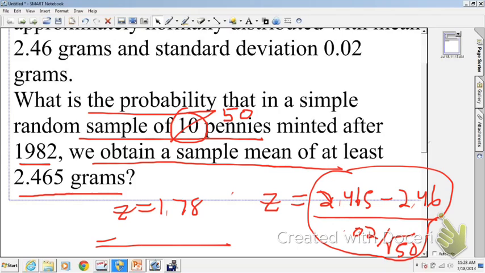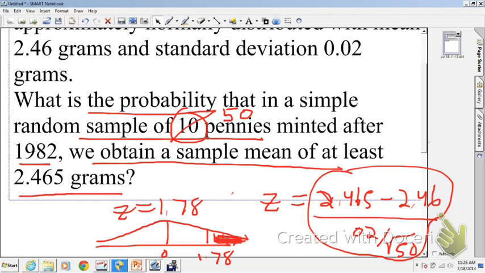Well, you're living way further out on the curve, so the probability, or the area to the right of 1.78, is less. So if we normal CDF 1.78 to infinity, now we only have a 4% chance of that occurring. So in other words, it makes sense.